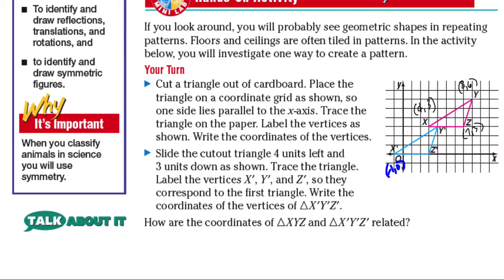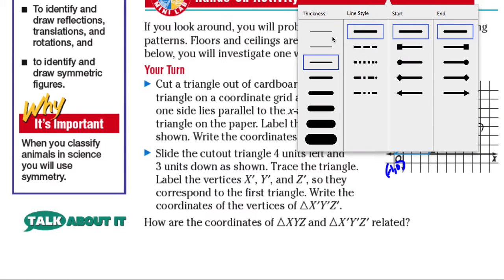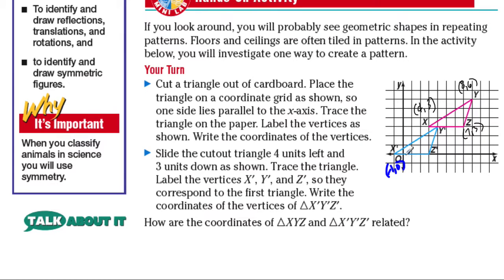Z prime is 1, 2, 3, that's 3, 0. And my y prime is 1, 2, 3, 4, 1, 2, 3, so y prime is 4, 3. So we just moved our pink triangle 4 units to the left and 3 units down from the original coordinates to our new coordinates.